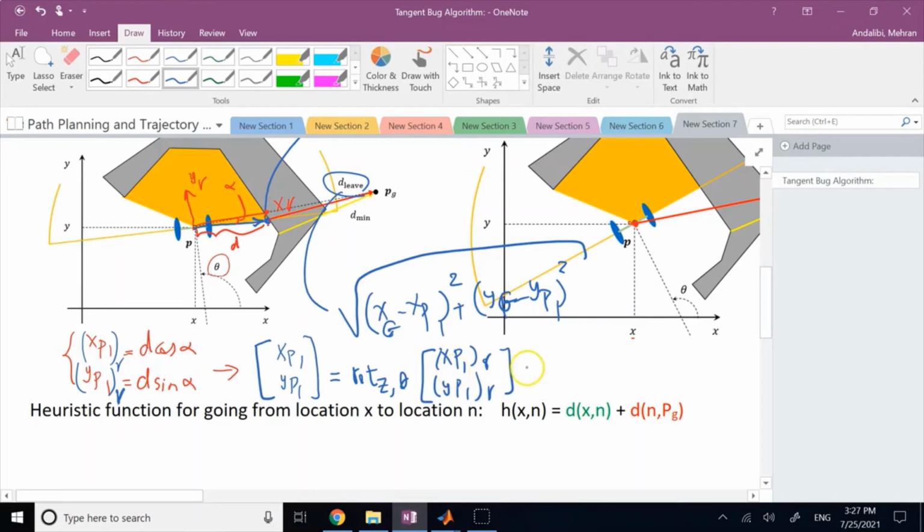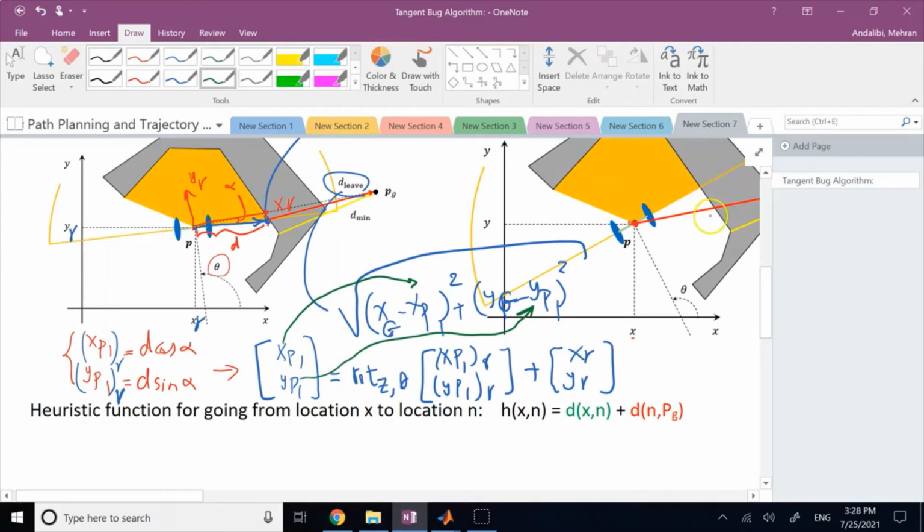And then plus, of course, x of the robot itself and y of the robot itself, which are these values. It's a homogeneous transformation. This is the translation part of it, this is the rotation part of it. Add them together and get the coordinate of the sense point in the base frame, in the inertial frame, and now these numbers can come here and here, and now you can calculate your d-leave.